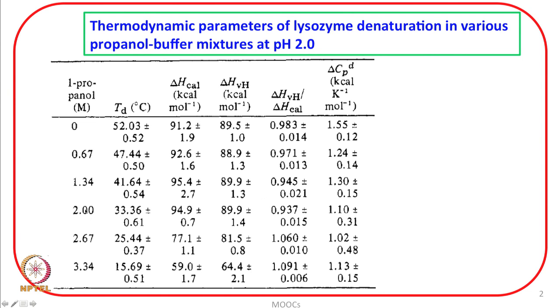Now, with further addition of propanol in the mixture, if you go from 2 to 2.67 to 3.34 molar, the transition temperature is sharply decreasing, 33.36, then 25.44, then 15.69, and from 2 molar onwards, there is also a sharp decrease in calorimetric enthalpy, whereas the delta Cp is not very largely affected.